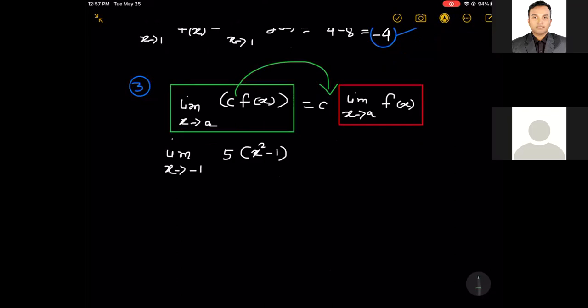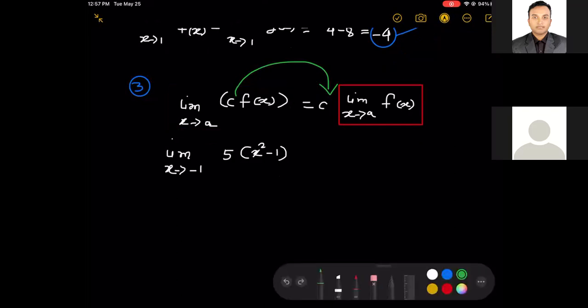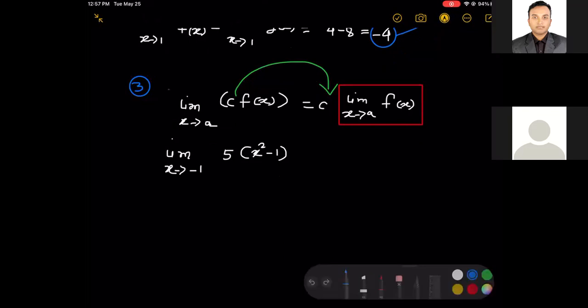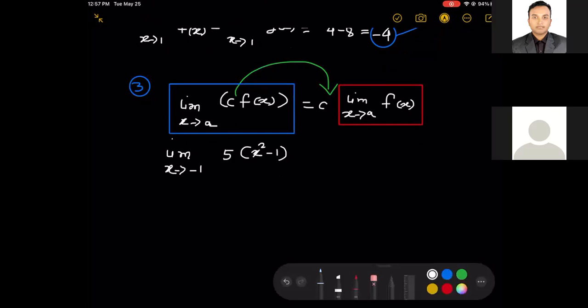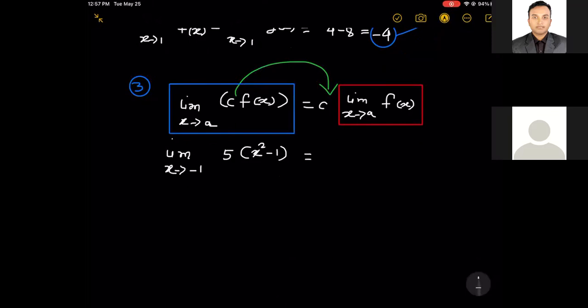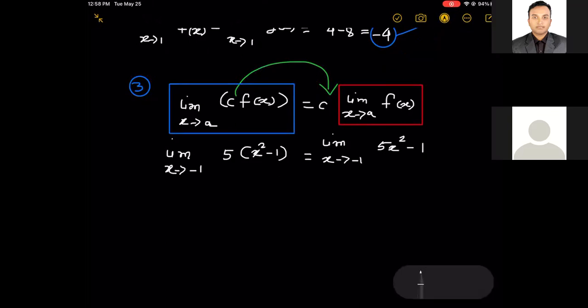The limit as x extends to -1 of 5x squared minus 5. I'm just multiplying it, okay? No worries. Now, what should we do?